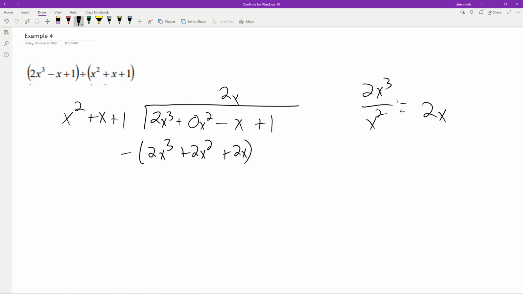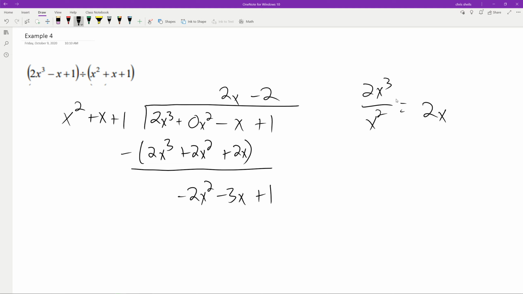I place parentheses around this and I subtract. The first terms cancel. 0x squared minus 2x squared, that's negative 2x squared. Negative x minus 2x, that's going to be negative 3x. And then I bring down this plus 1. X squared goes into negative 2x squared minus 2 times.